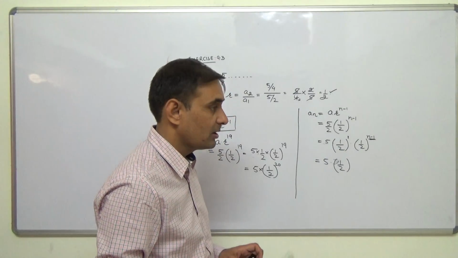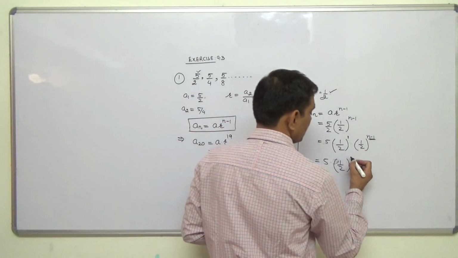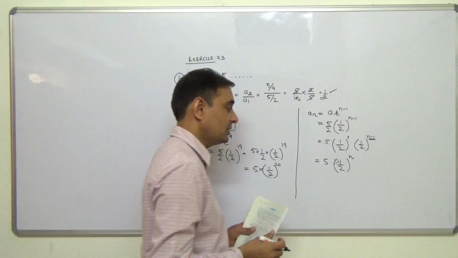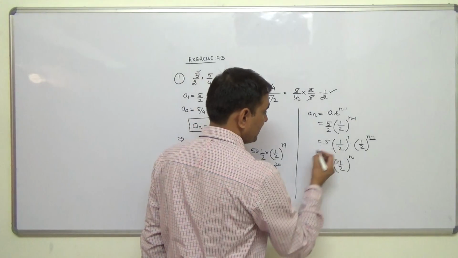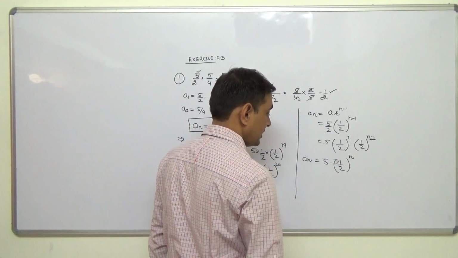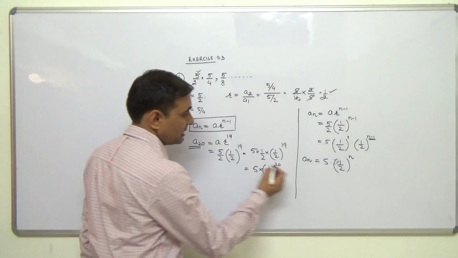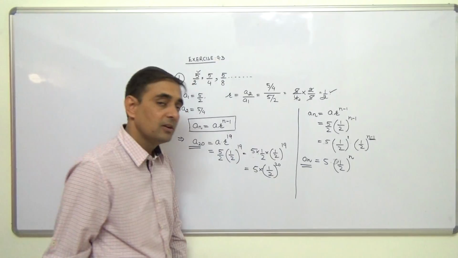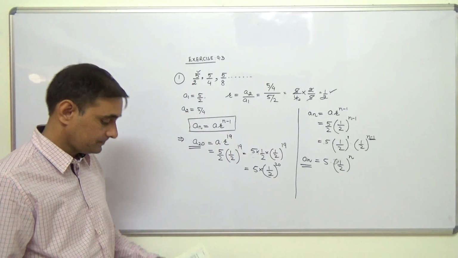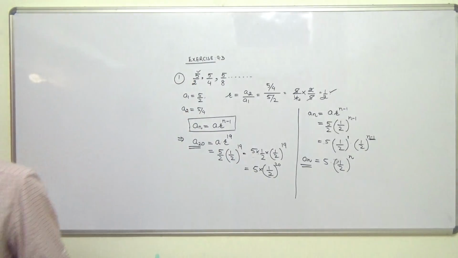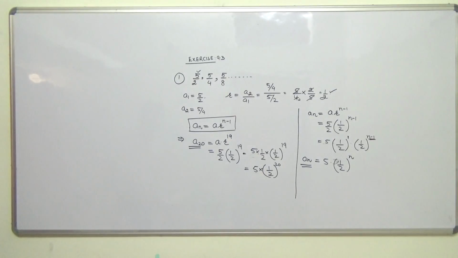Bases are same, so powers will be added. What will the power be here? 5 into 1 by 2 to the power n. That is An, the nth term of the GP. So 20th term of GP and nth term of GP we had to find, which we have got, right? Let us come to the second question.